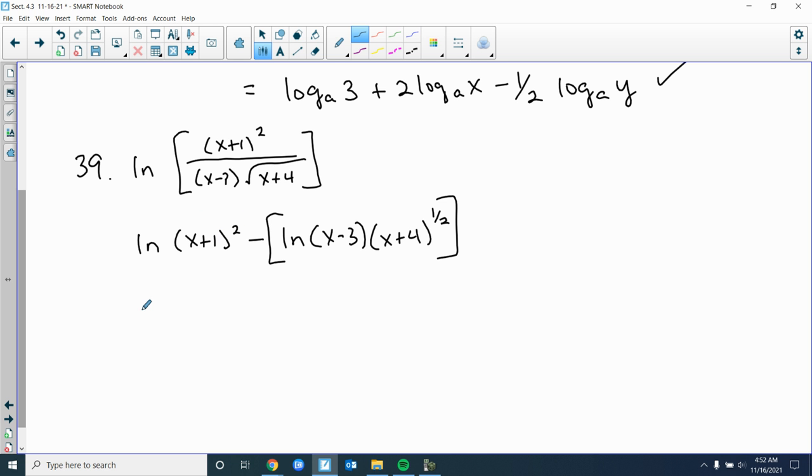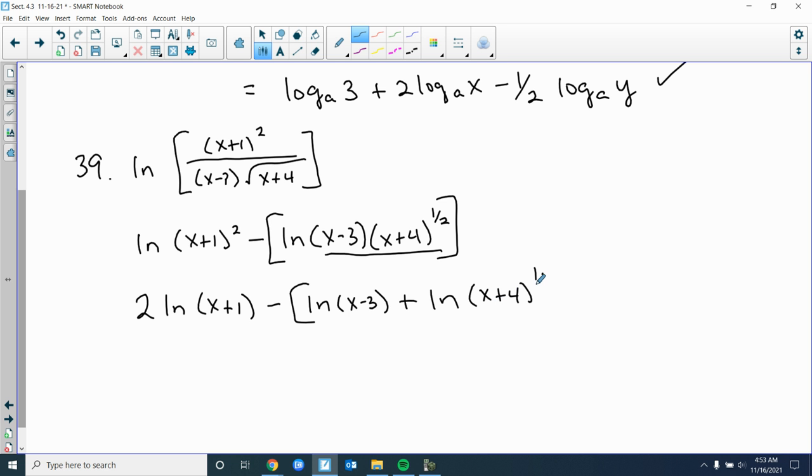I can take this 2 and put it out in front now. So 2 times the natural log of x plus 1 minus the natural log of x minus 3 plus the natural log of x plus 4 to the 1/2. Since this piece was a product, you're adding the logs. I probably could take care of that 1/2 in the same step, but I'll take an extra step here.